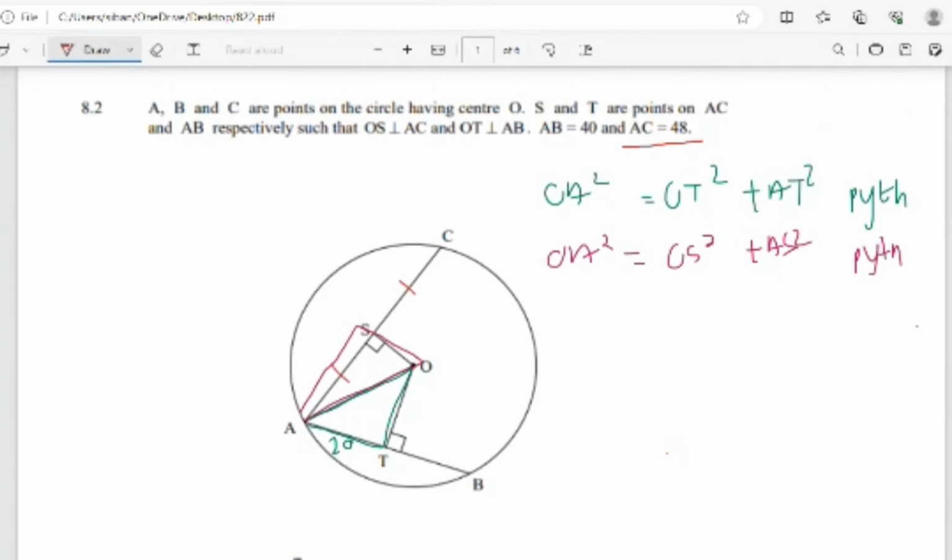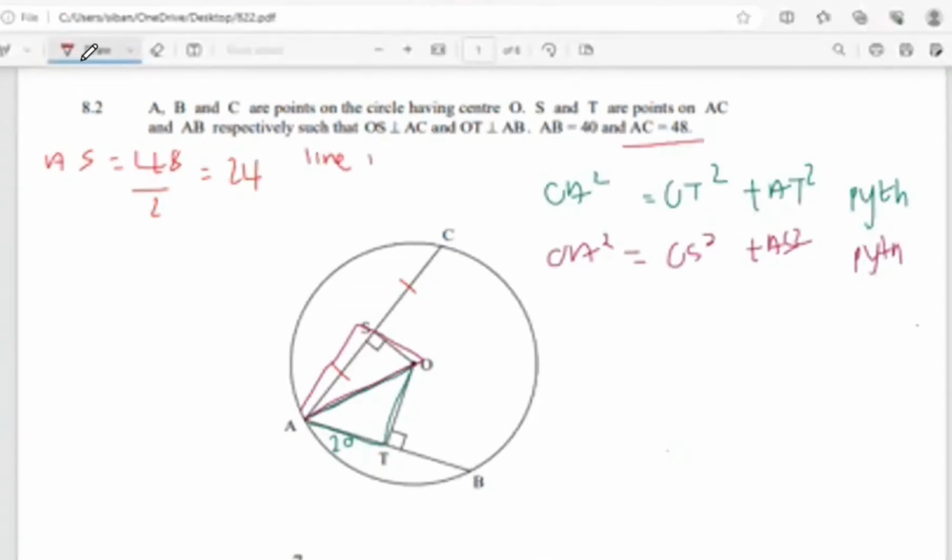Let's write this down. So we can say AS equals 48 divided by 2, which will give me 24. And our reason will be the line from the center of the circle is perpendicular to our chord.